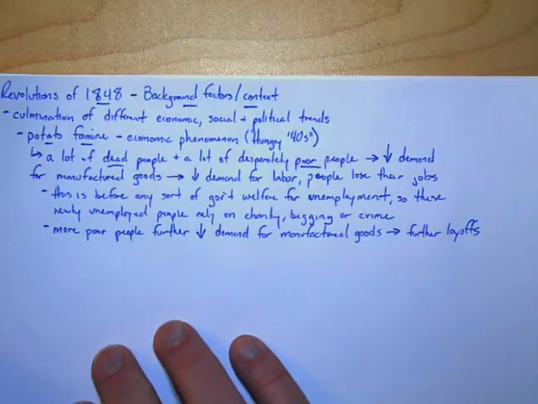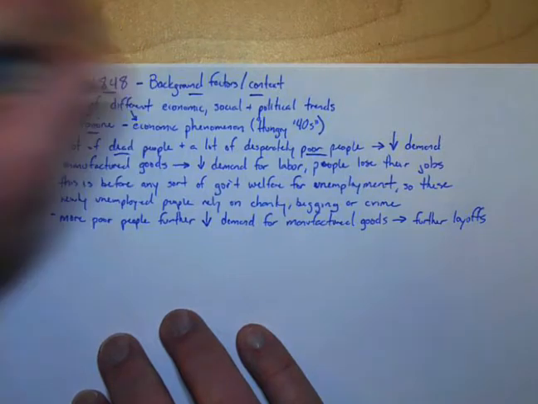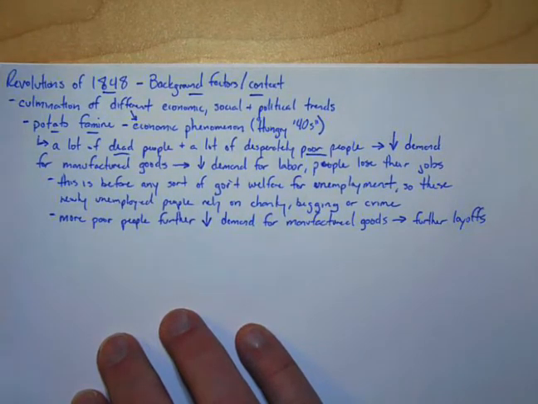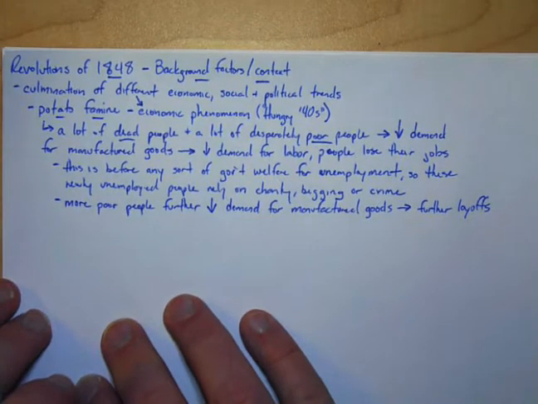This is essentially an economic depression as a result of the potato famine. And we didn't really deal with the potato famine as an economic phenomenon before because we're going to deal with it now as we lead into 1848.